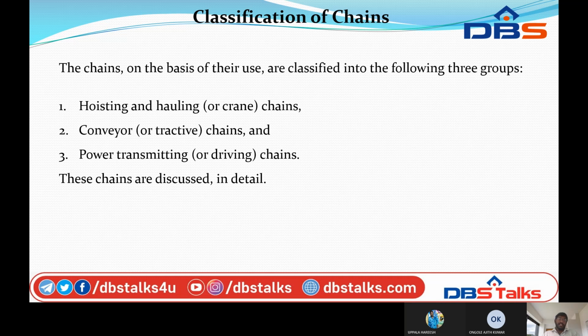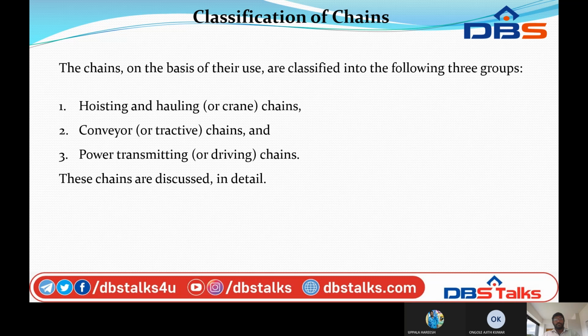These chains are discussed in detail one by one. So these are the three groups for classification of chains: hoisting and hauling, conveyor chain, and power transmitting chains.